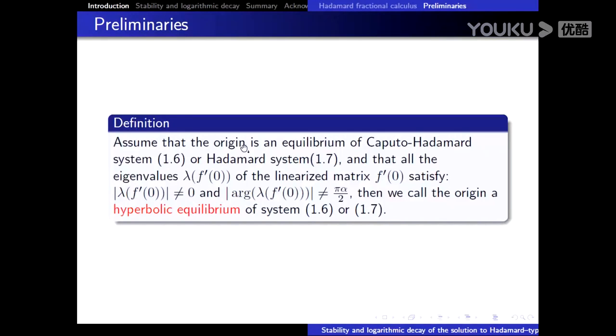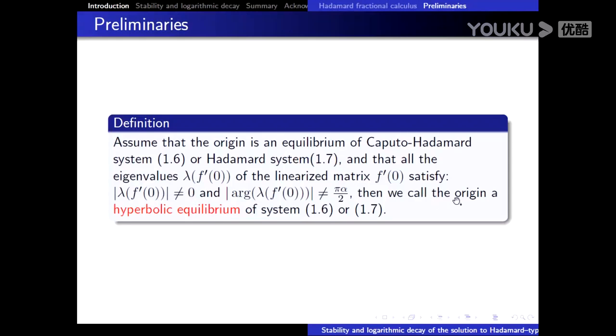Assume that the origin is a unique equilibrium of the capital Hadamard system or the Hadamard system, and that all eigenvalues of the linearized matrix satisfy this: no zero eigenvalue, and the arguments of all eigenvalues in absolute value are not equal to pi alpha over 2.